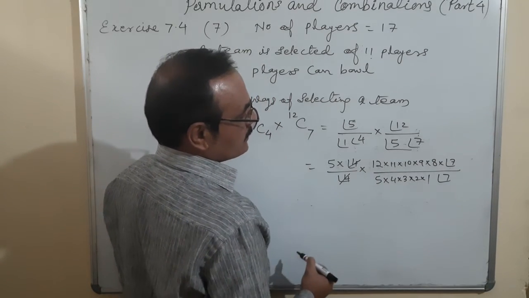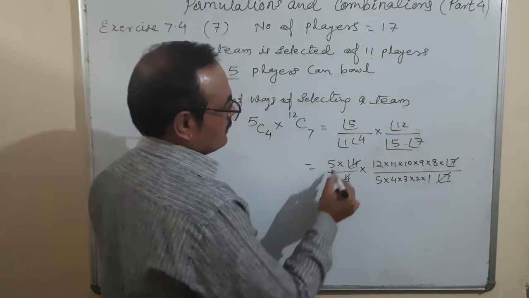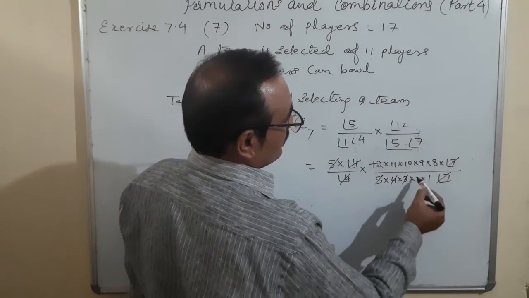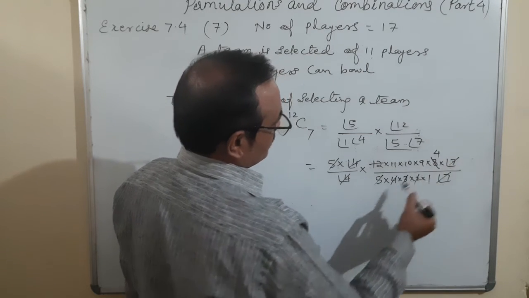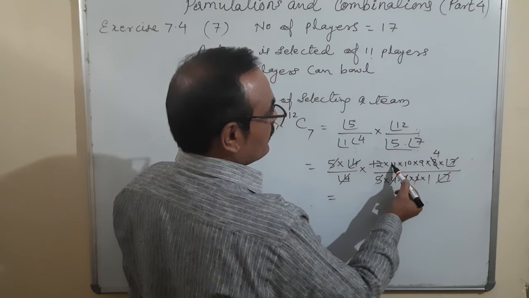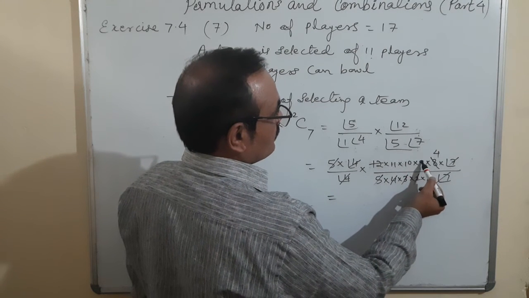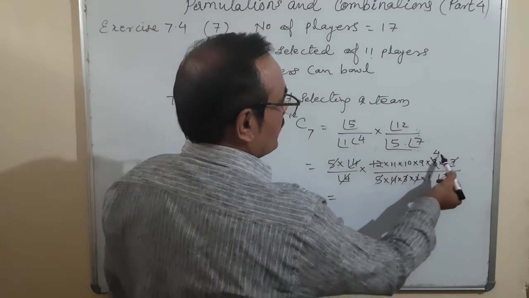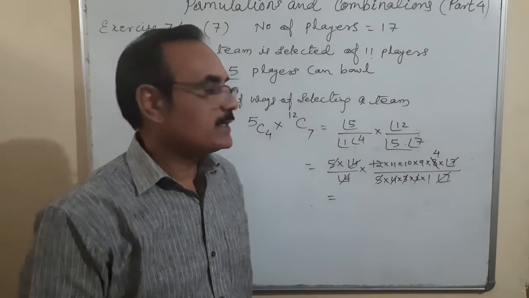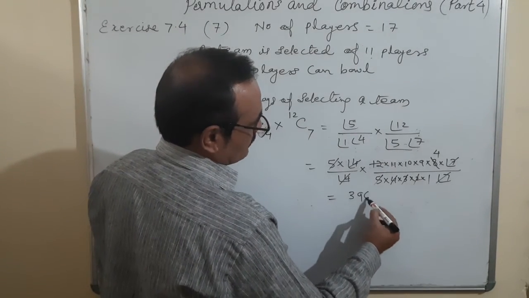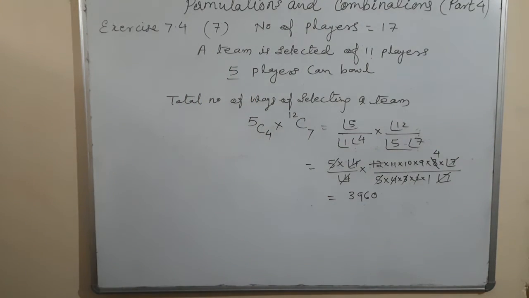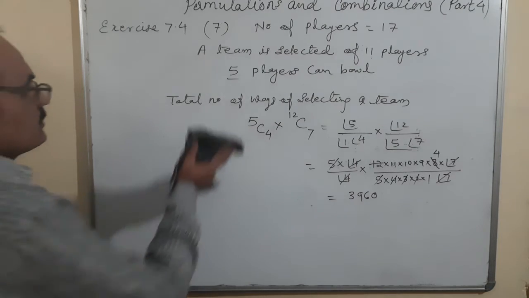Factorial 4 cancels, factorial 7 cancels, 5 cancels, 4 3s are 12, 2 4s are 8. So the left terms are 11 and 9. 11 9s are 99, 99 multiplied by 4. 99 4s are 396, with 1 zero: 3960.